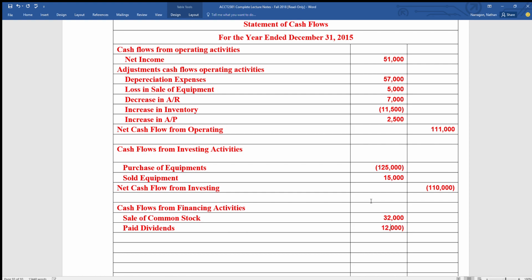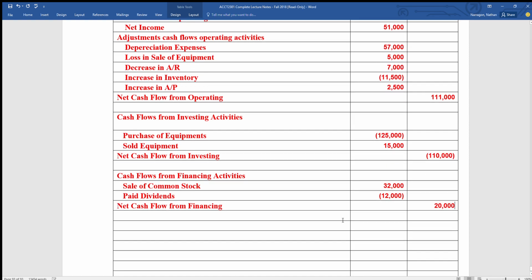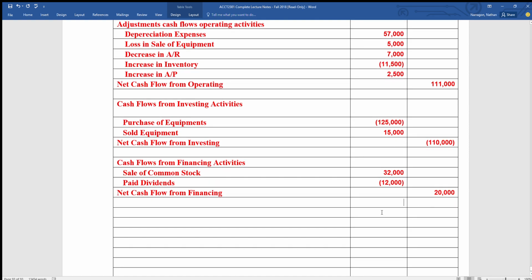Again, there we go. So net cash flow from financing looks like a good old 20,000. Okay, so we had 20,000 that actually happened.